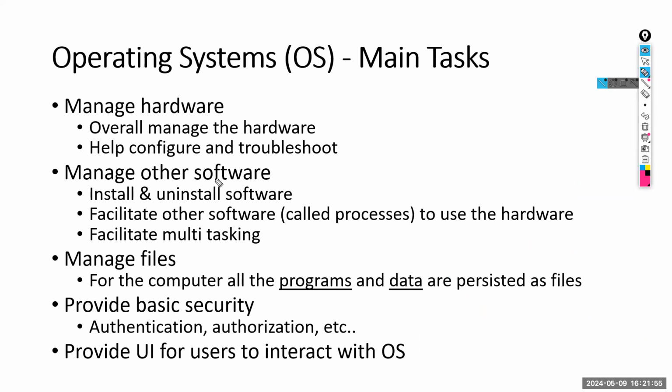Remember, under operating system, your next 3 subtopics are basically how to manage files, how to manage process, so that is managing the software, and so on. Those are our rest of the topics.